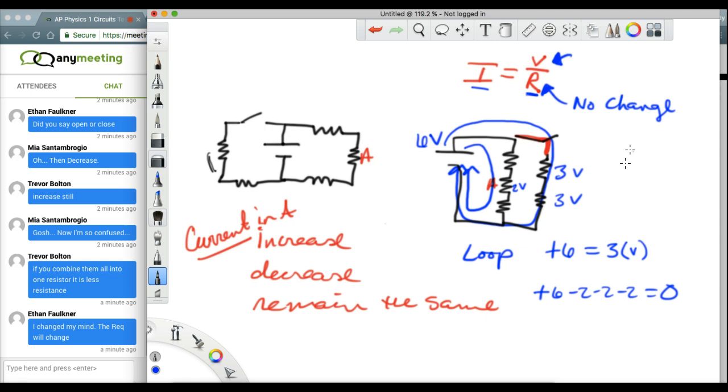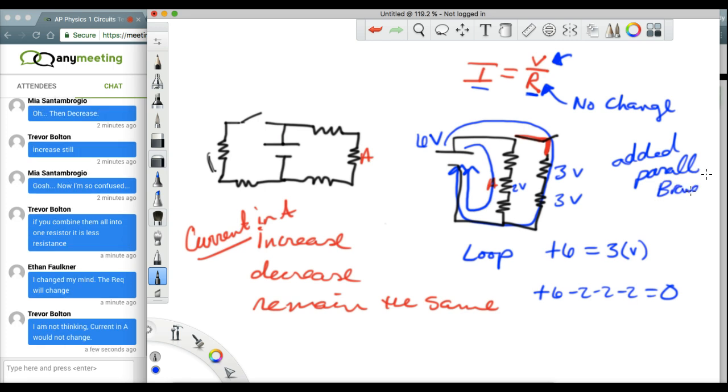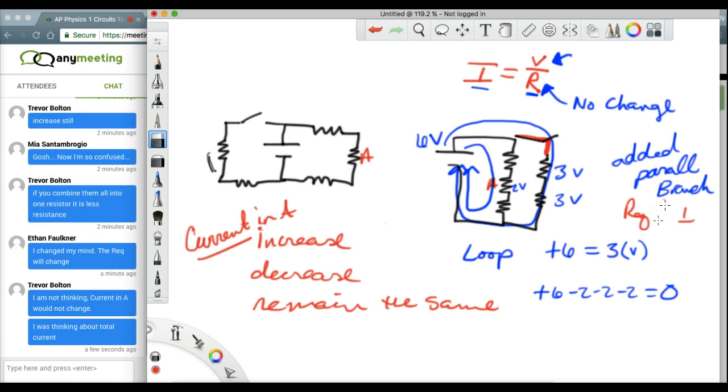Now because I added a parallel branch, we know by heart now that REQ goes down and current goes up.